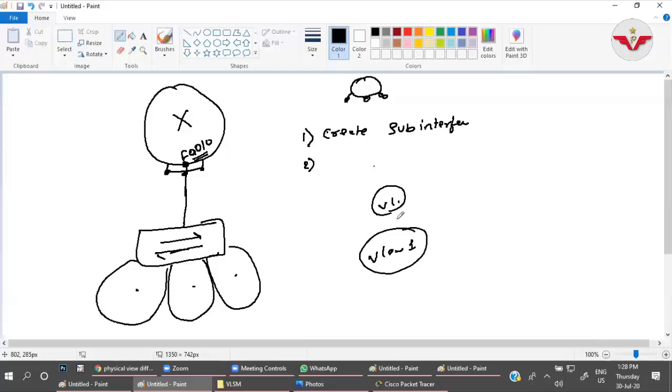All right. So the number of VLANs would be equal to the number of broadcast domains. So here we will create 3 different VLANs for 3 different networks. Okay. So the second step, let me write it down here.